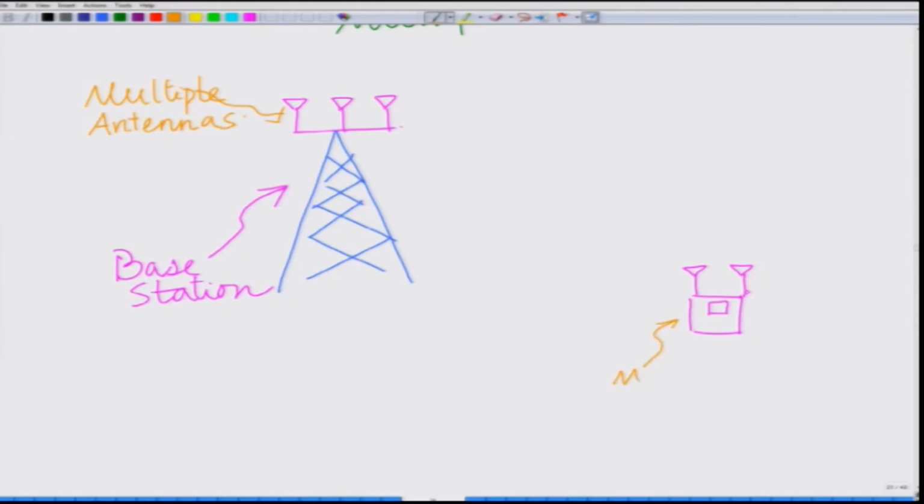And this is the mobile device, which also has multiple antennas.